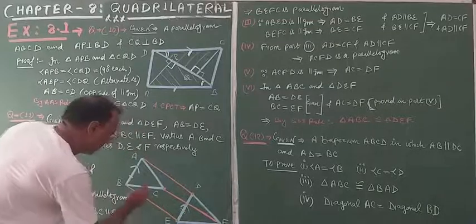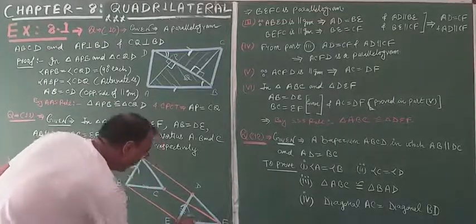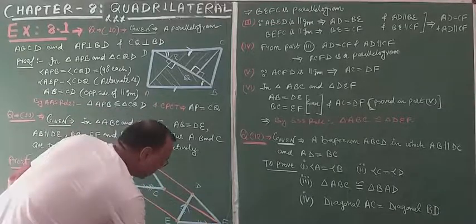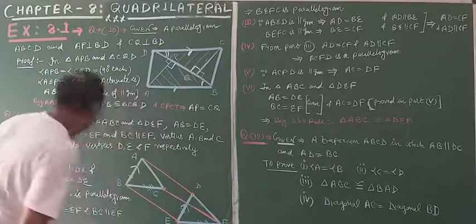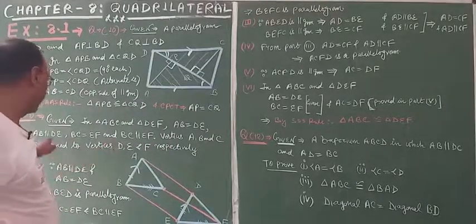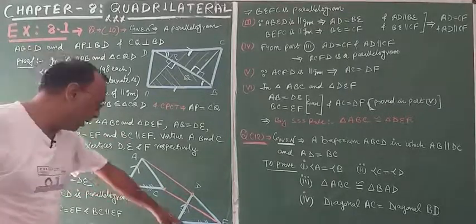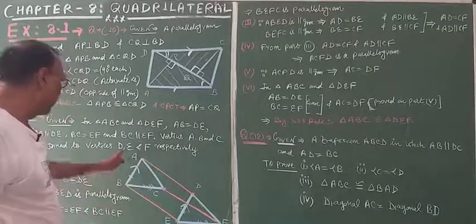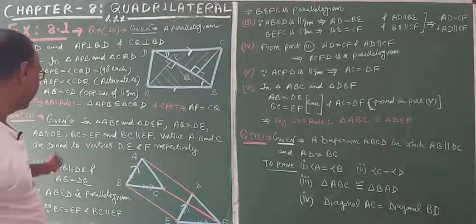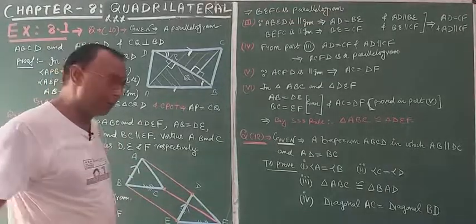BC is equal to EF and they are also parallel. What it says? A, B and C are joined to vertices D, E, F respectively.